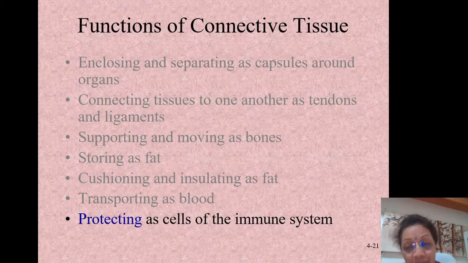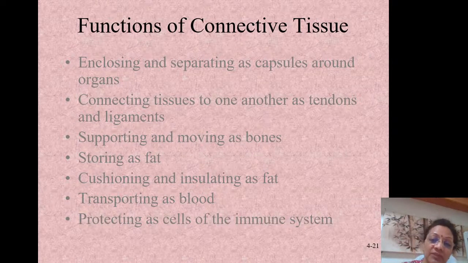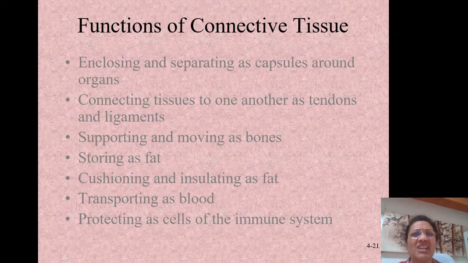And in that white blood system, there are granulocytes and there are lymphocytes, and we talked a little bit about the immune system, but the protecting cells of the immune system are one of the modifications or specializations of connective tissue. So these are all the functions of this very diverse, very large amount of tissue available in your body.